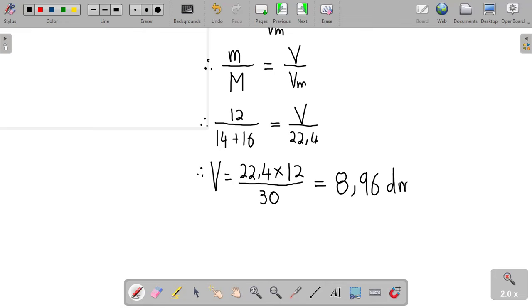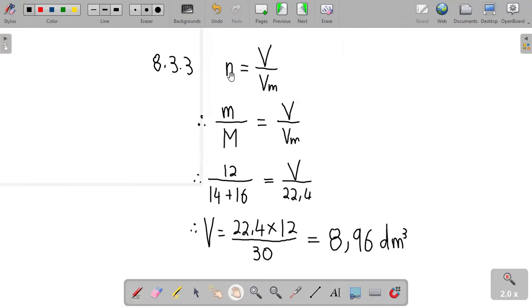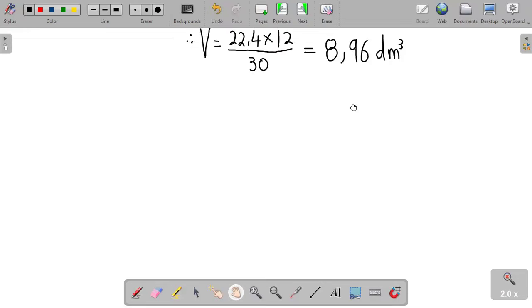The volume is in dm cubed, cubic decimeters. Okay, so we had to see here that we don't have the number of moles, but we have the mass. So we can replace n with m over M such that we can substitute here. The capital M is obtained from the periodic table and then the mass we were given. So then we can calculate here. Okay, we can cross multiply and calculate.